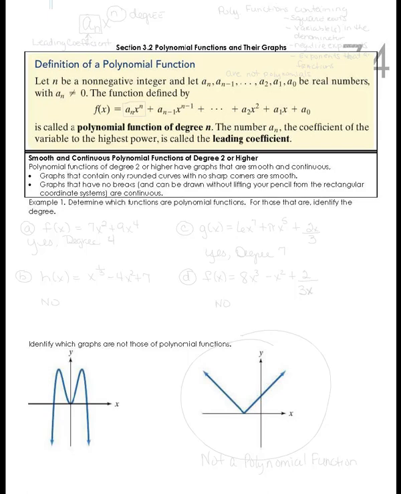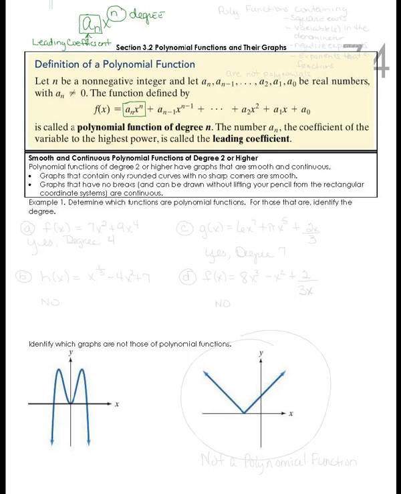So I want us to focus on this first part of this equation where you have a sub n times x to the n power, where n is our degree. A sub n is our leading coefficient.